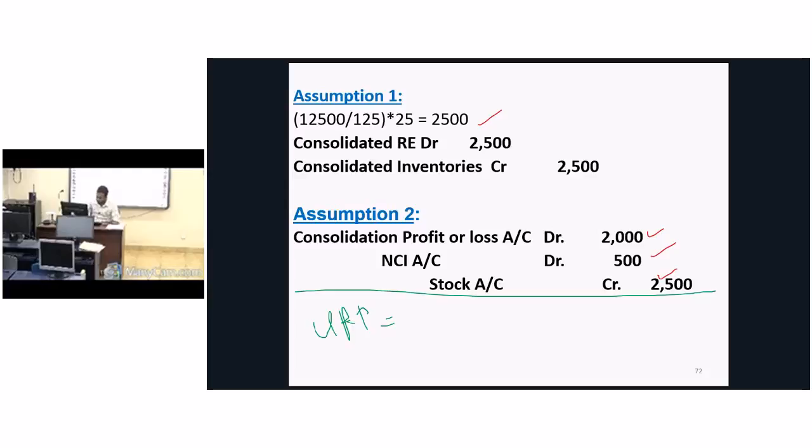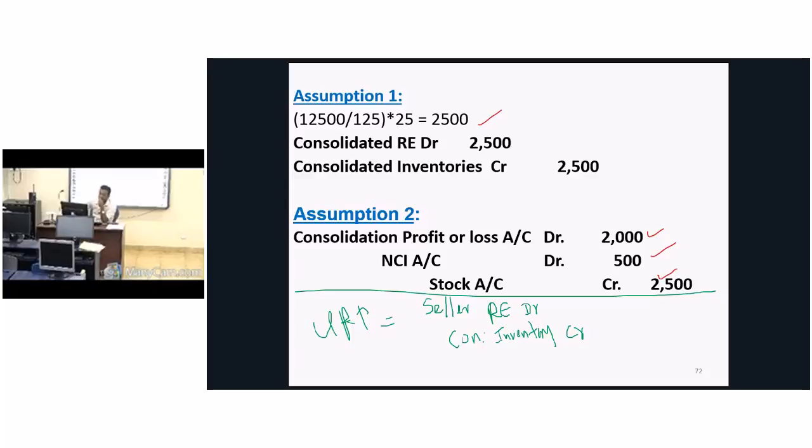Every time there is unrealized profit: seller's retained earnings debit, and consolidated inventory credit. Understand? It is an easy double entry you can remember.